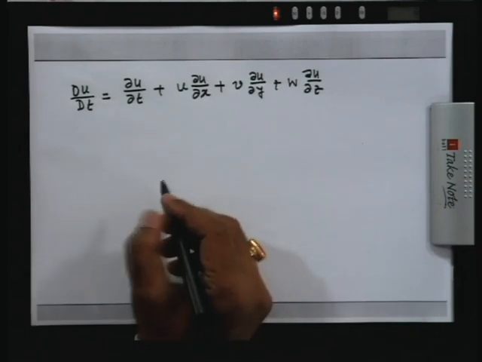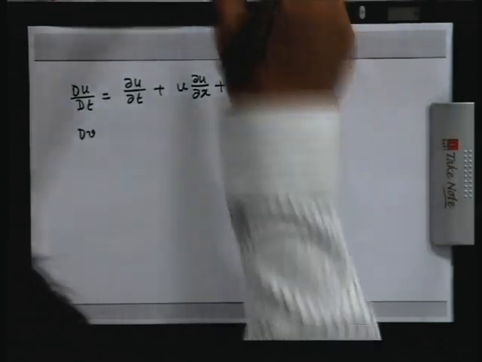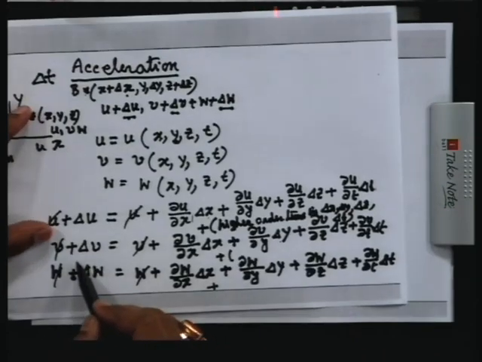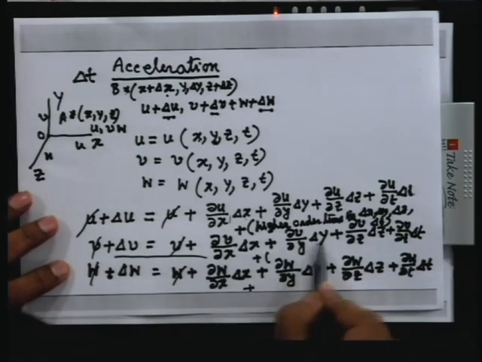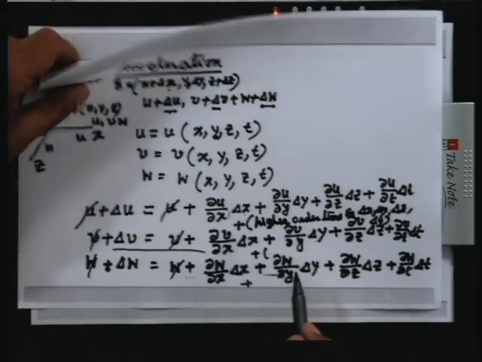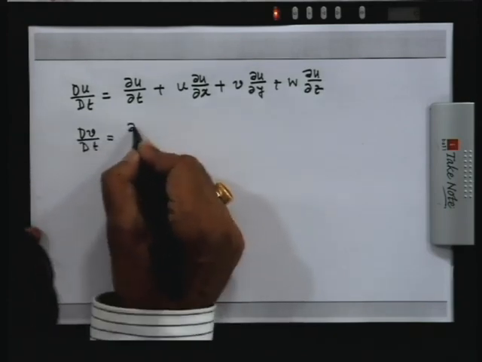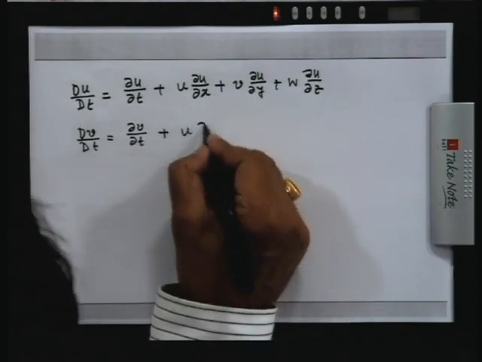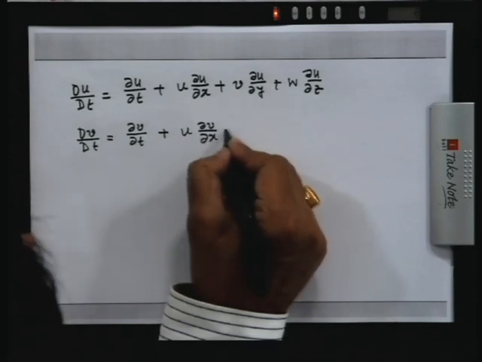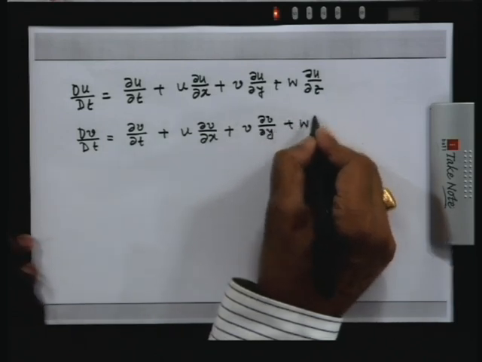Now, before explaining, I write in the similar way for the velocity component v, that means expanding this function. If we do the similar analysis with this equation and this equation, we arrive that dv dt is del v del t plus u del v del x plus v del v del y plus w del v del z.